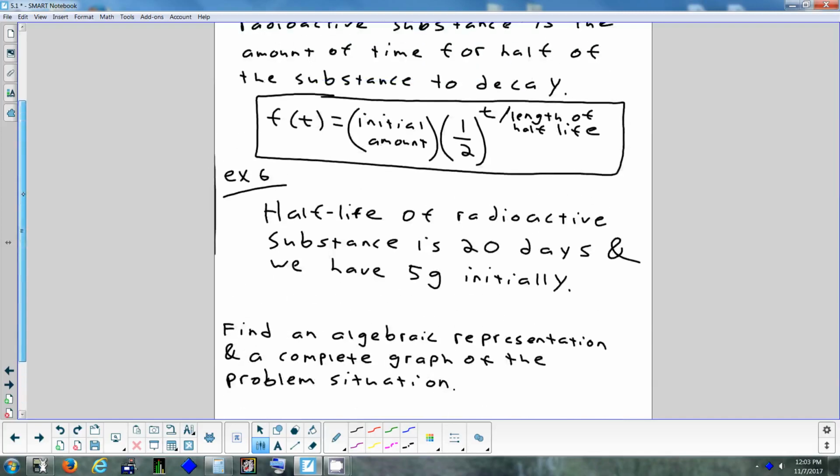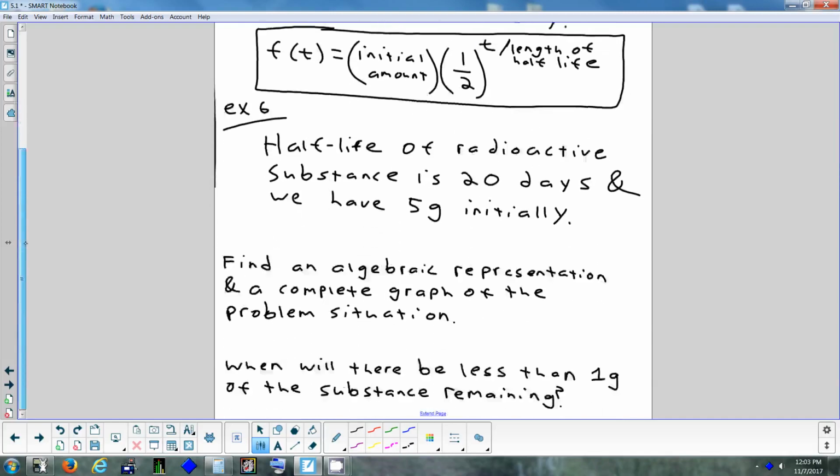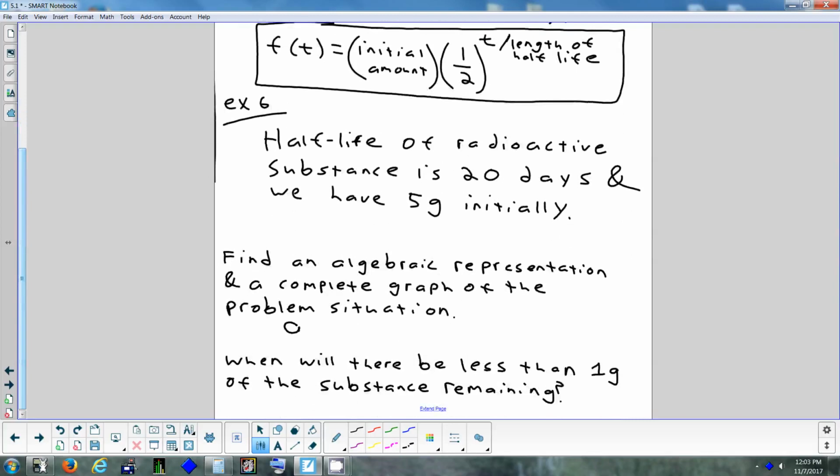Does everybody have up to the formula? I'm going to leave the second part for you. So what's my initial amount here? Yep, 5 grams times 1/2 to the t divided by the half-life length.